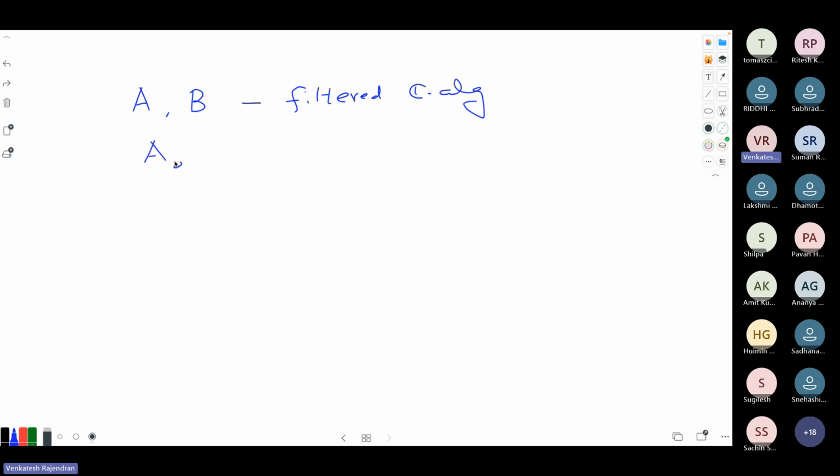Again, let's assume for simplicity that A_0 and B_0 are isomorphic to C. Now you have a C-linear map f from A to B, and you want this to be a morphism of filtered algebras.